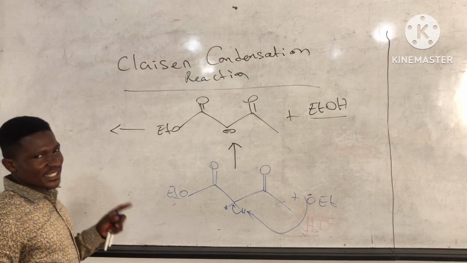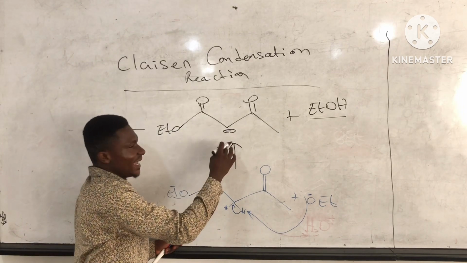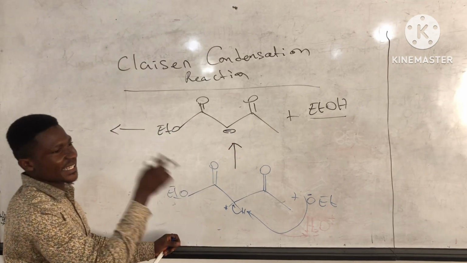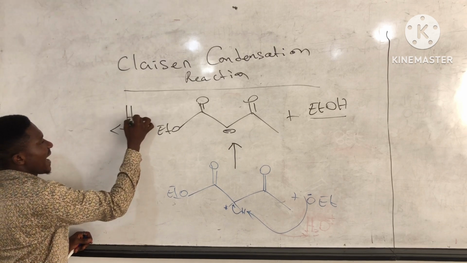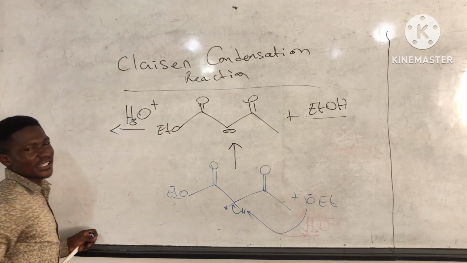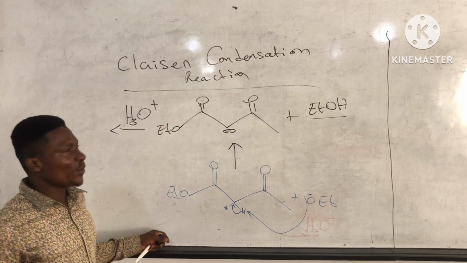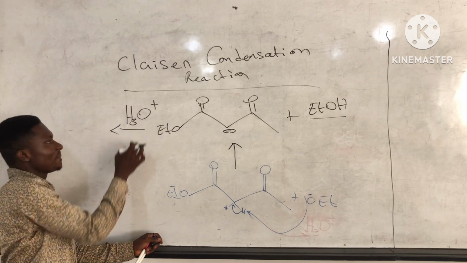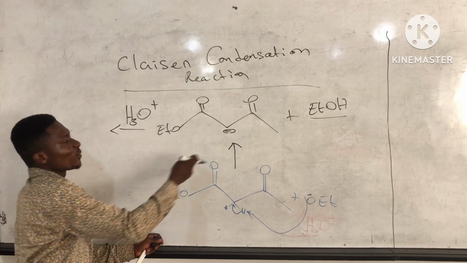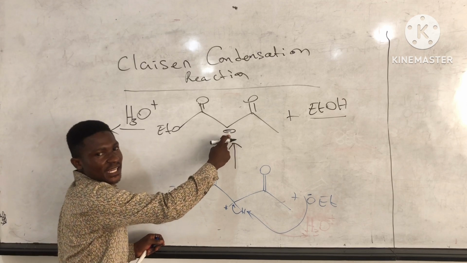Okay. Now the good news is that because my molecule here is in the presence of a hydronium ion, or it is in the presence of an acid which is rich in protons, this acid will end up donating a proton back to quench this negative charge over here.